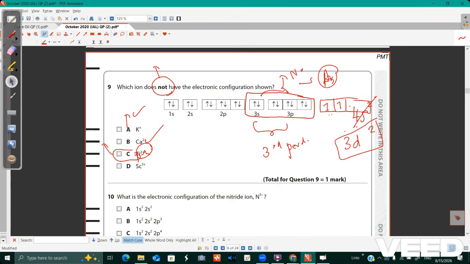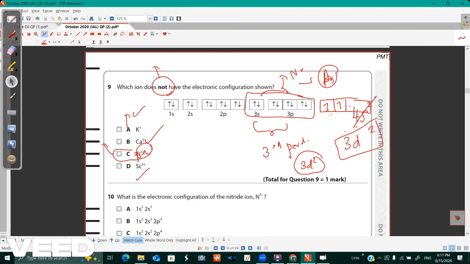No, you still have d, right? 3d2 is there. 2 electrons in d. Subshell is still there in titanium 2 plus.